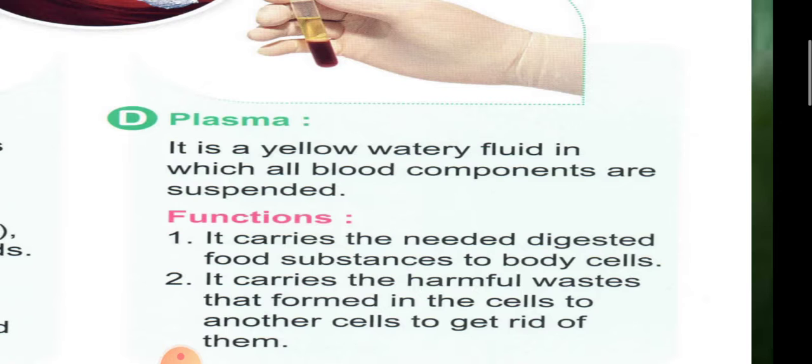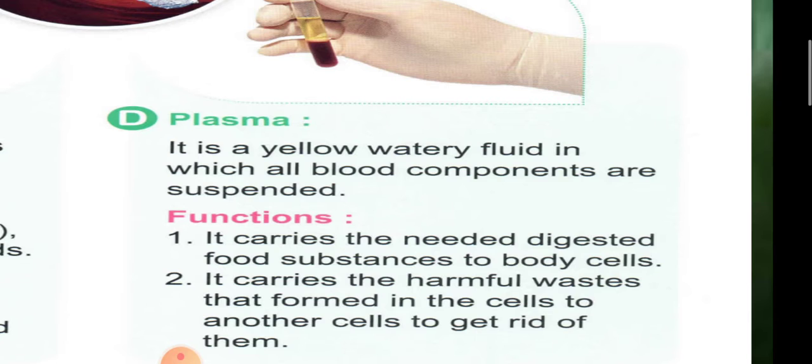So the red blood cells carry the oxygen from the lungs to the cells and carry the carbon dioxide from the cells to the lungs. But the plasma carries the digested food to the cells and carries the wastes from the cell to another cell to get rid of them.